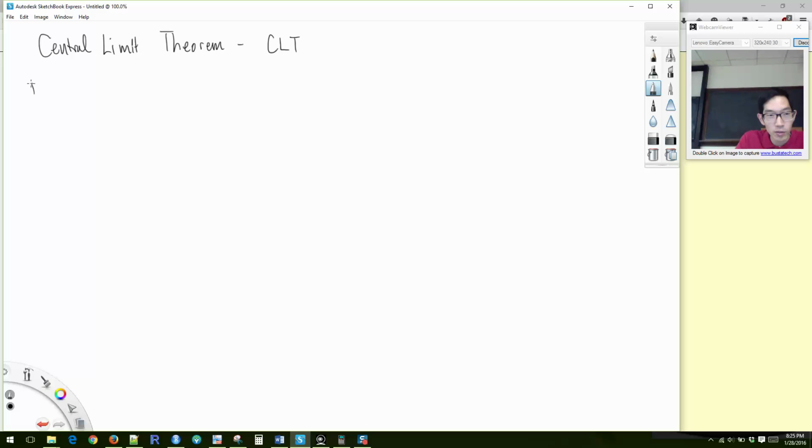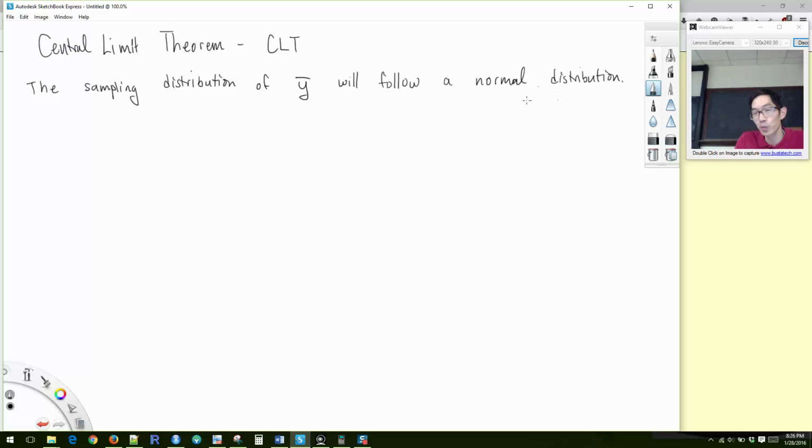Okay, and what the central limit theorem says is that the sampling distribution of y bar will follow a normal distribution. Okay, so this is a step beyond just saying unimodal and symmetric. We're saying it's going to follow the normal distribution, okay?